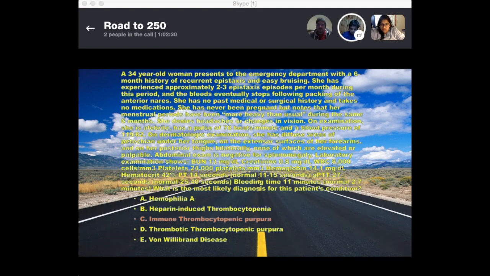Normal white blood cell count is 4,500 to 11,000. So WBCs are also normal. So there is no thrombocytopenia in this patient.